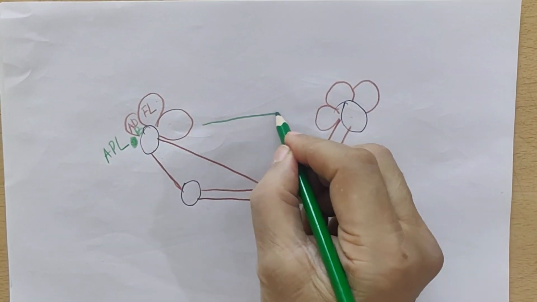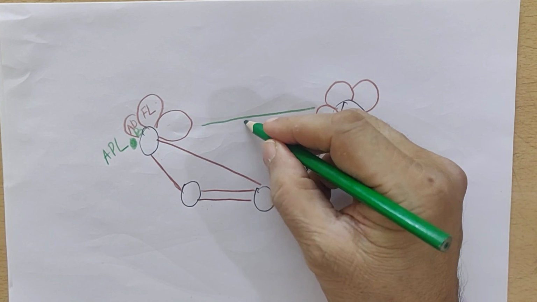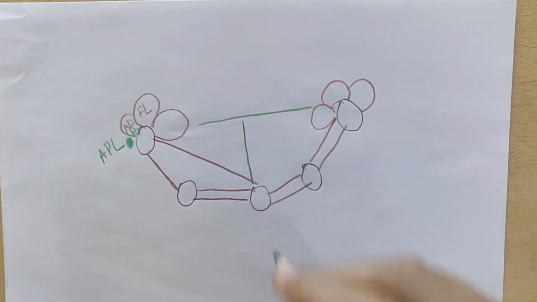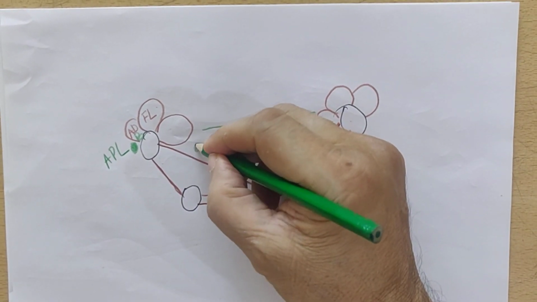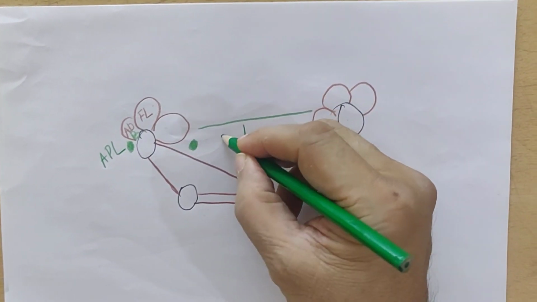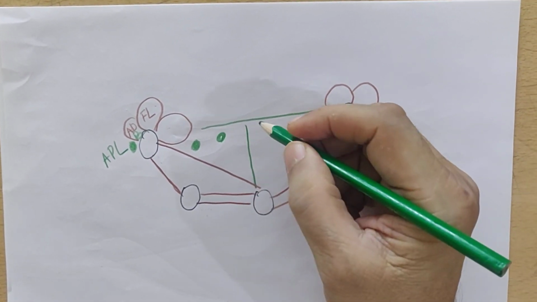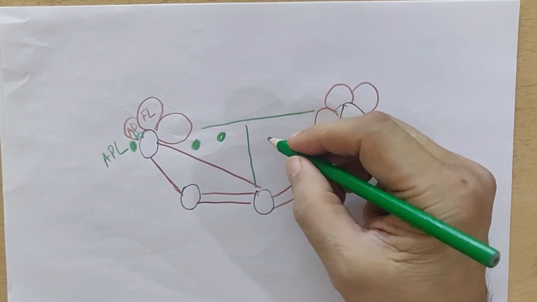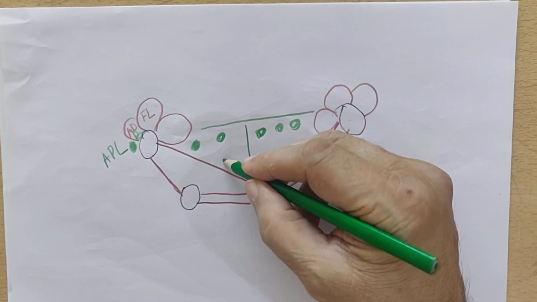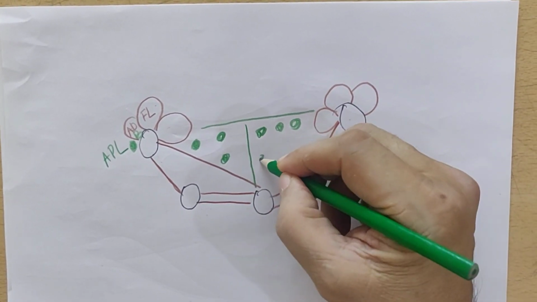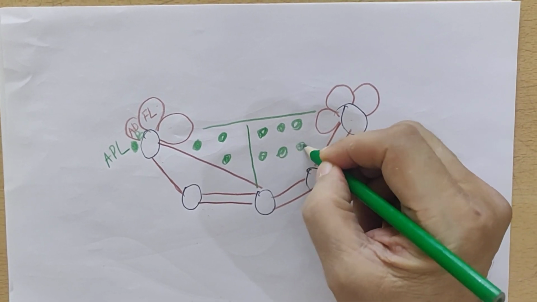Then we place the palmar aponeurosis here. We draw the intermediate septum, and then we place the flexor pollicis longus tendon here, the flexor digitorum superficialis here, 4 tendons, and flexor digitorum profundus here.